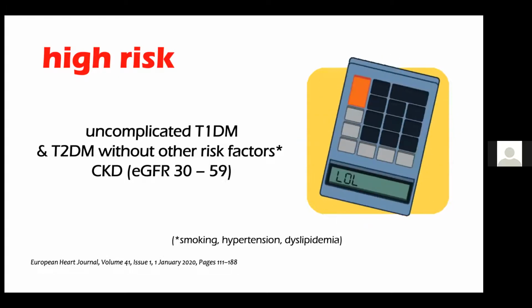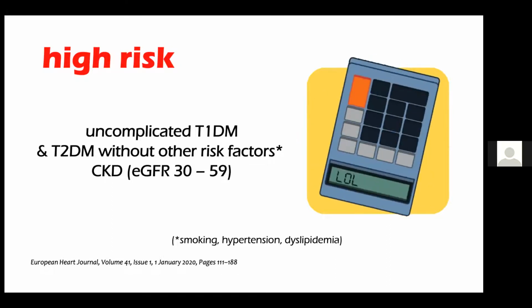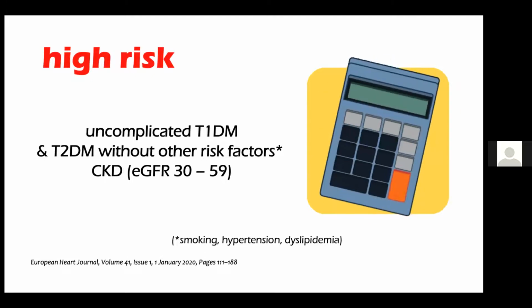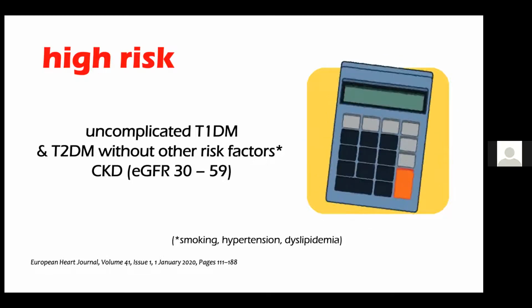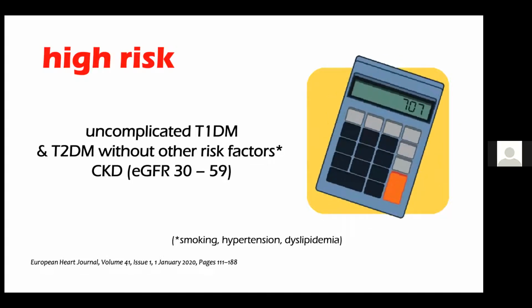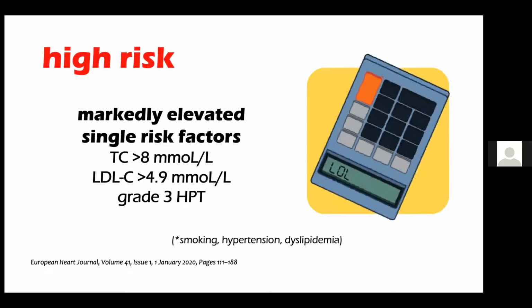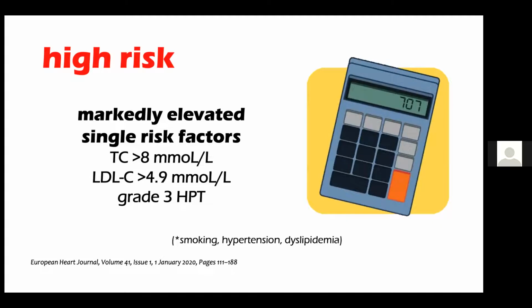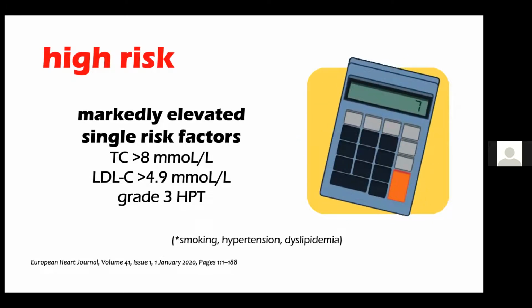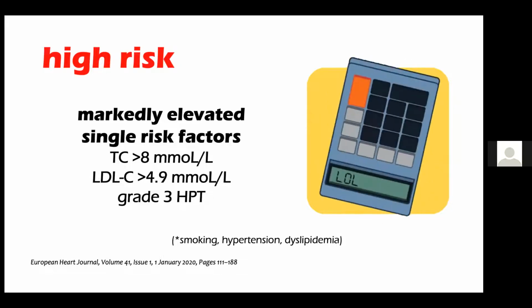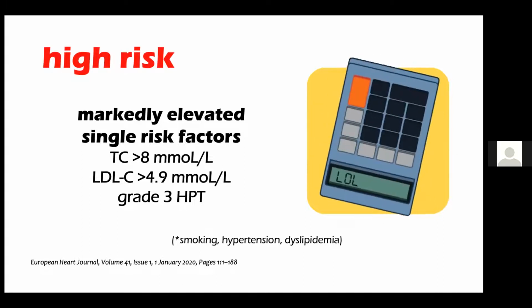And when eGFR is less than 60 but greater than 30, your patient with that CKD will be considered to have high risk. But there is also high risk when your patient has a single risk factor that is very, very, very elevated. In the South African document, you will only find grade 3 hypertension.